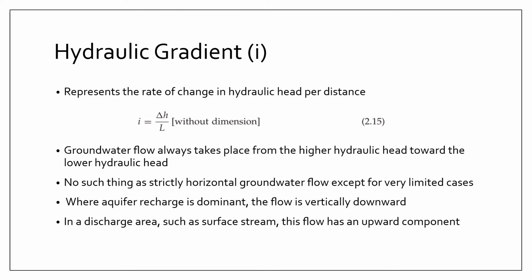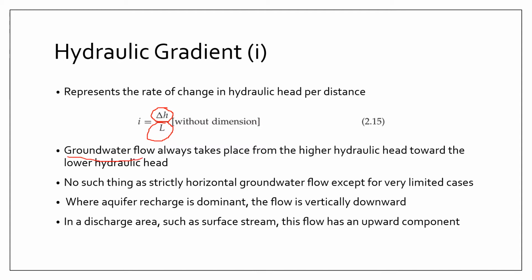Now let's talk about hydraulic gradient I. This number basically represents the rate of change in hydraulic head per distance. So it is basically delta H divided by the length of the flow, or change in hydraulic head divided by the length of the flow.